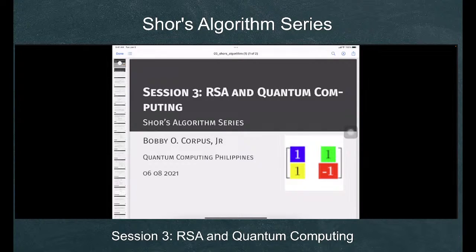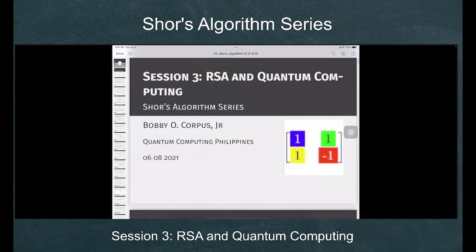Okay, so you cannot see any programming here. It's mostly mathematics, but that's a good thing because at least you will have a more solid foundation when it comes to Shor's algorithm.